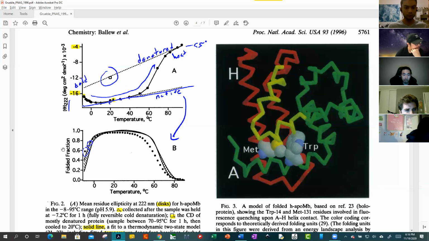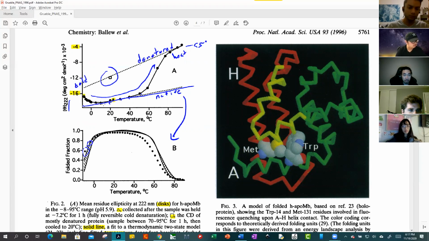From the cold denatured state here at the lower end at minus 6 degrees C, and then going up to positive 20 degrees, there's a substantial change in the ellipticity, right?